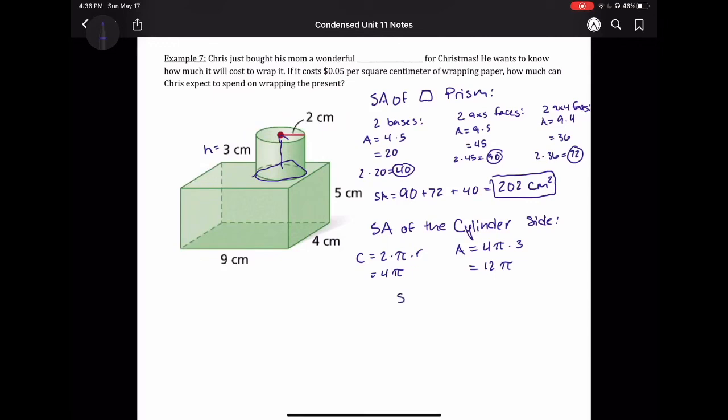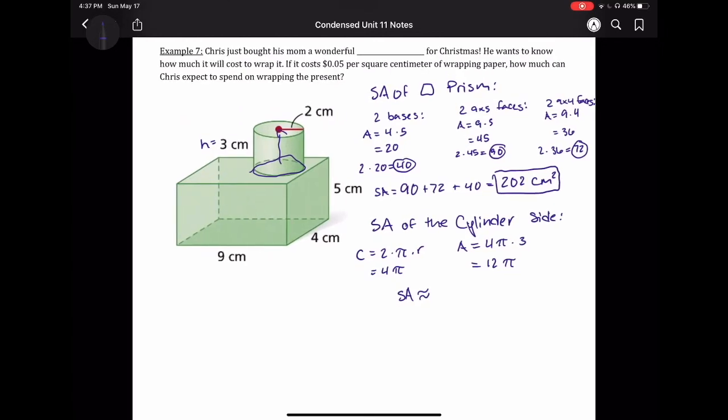So surface area is about equal to 12 times pi, which is approximately 37.699 centimeters squared. All right. Now that I have the two separate surface areas, I need to add them together to get my total surface area.